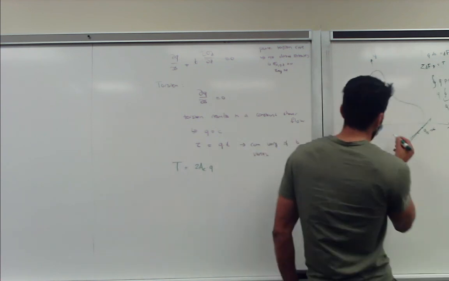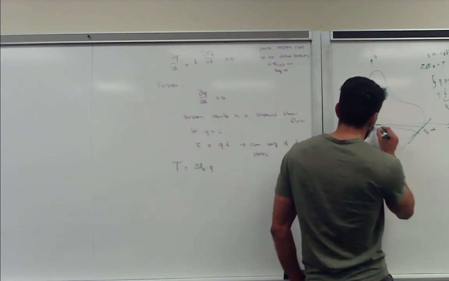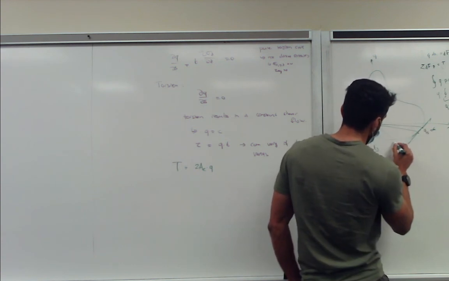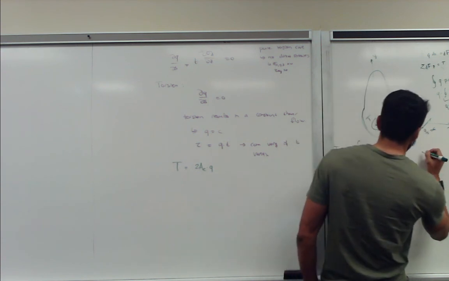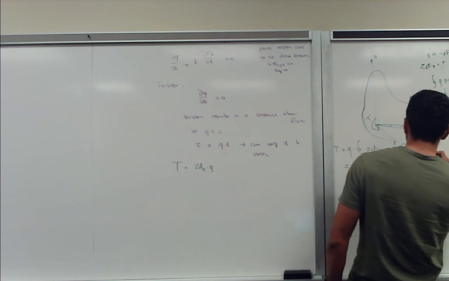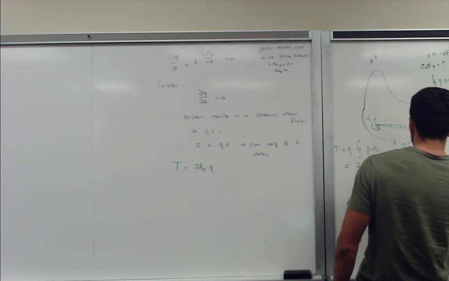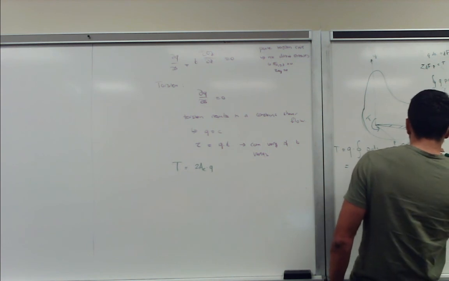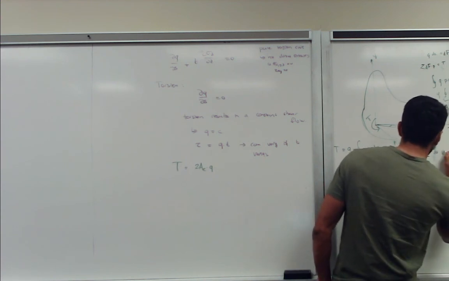And again, what you get is you can draw a triangle out of it. This is the moment arm p. So this triangular area is half times base times height. So that area is half times base, which is ds, times height, which is p.